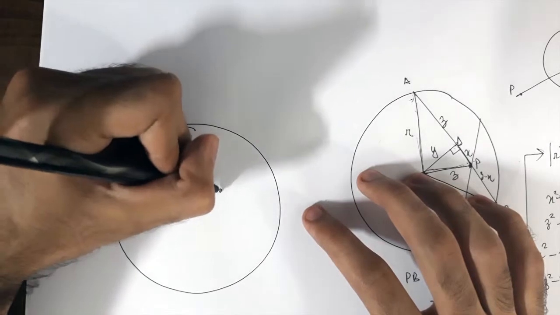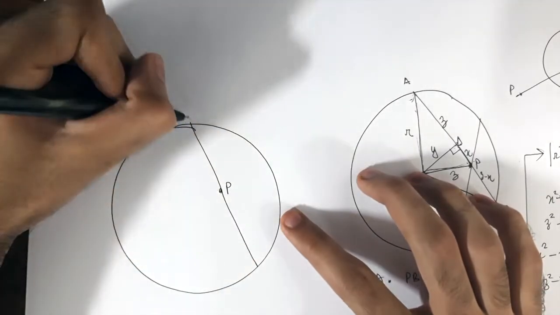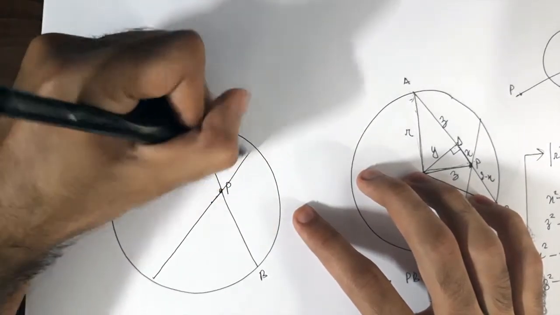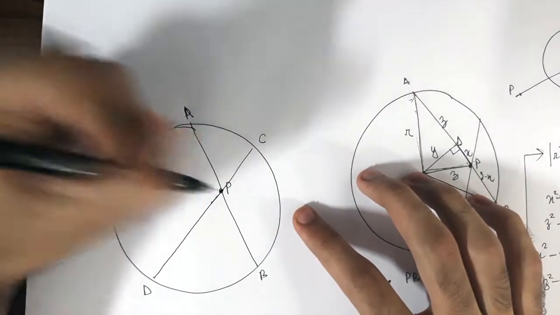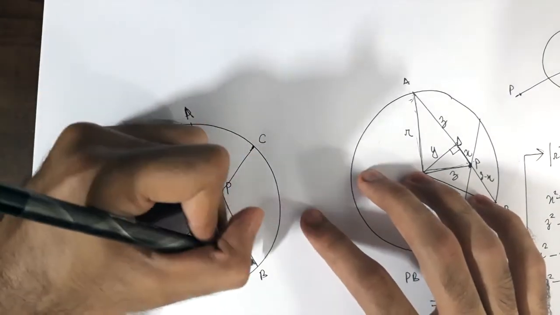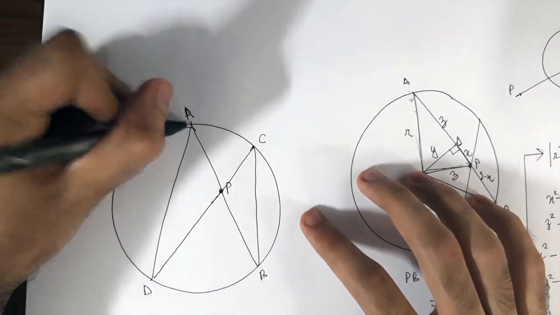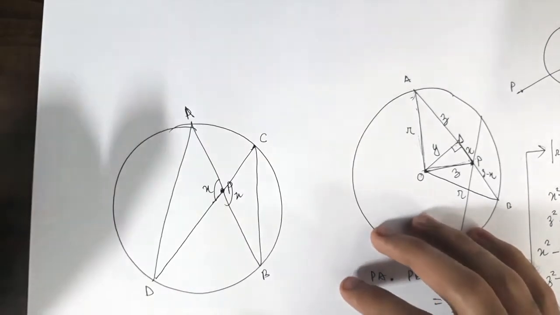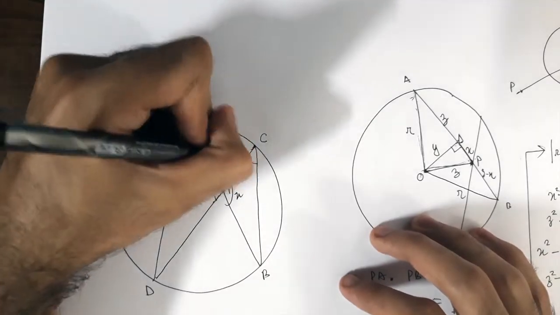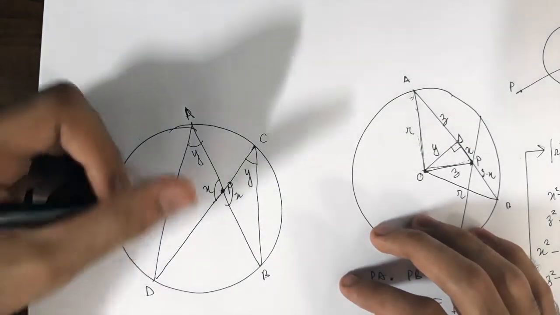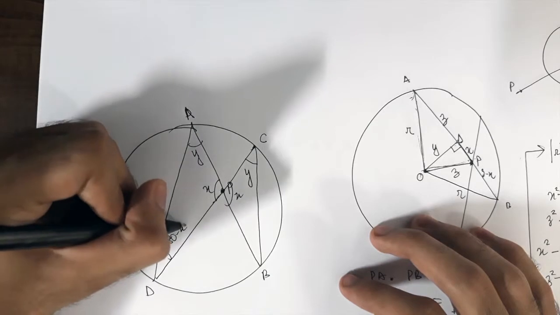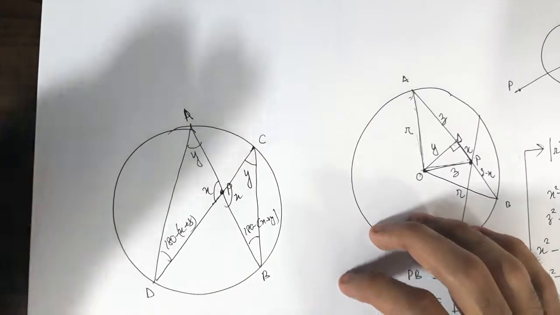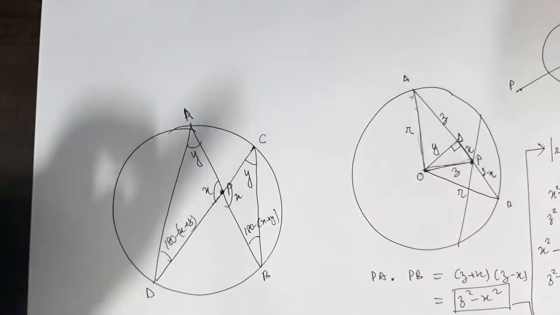So suppose we have P here and we have A, B, C and D. So let's join these. So we know by vertically opposite angles that if this is X, this is X, and if this is Y, then this is Y. And this is 180 minus X plus Y, and this is also 180 minus X plus Y. So we know that these two triangles are similar by the AA rule.